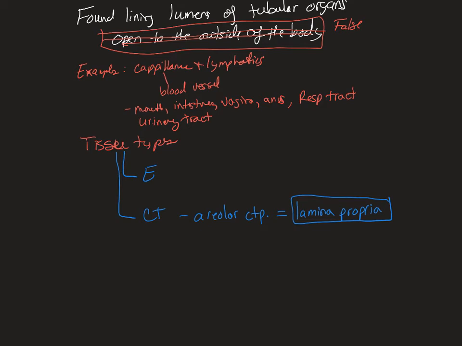Okay? Now, the epithelium depends on the organ's function. Okay? So it could be any of them. So the bladder is lined with transitional epithelium. The mouth is lined with stratified squamous.